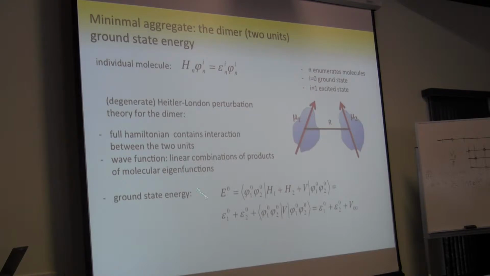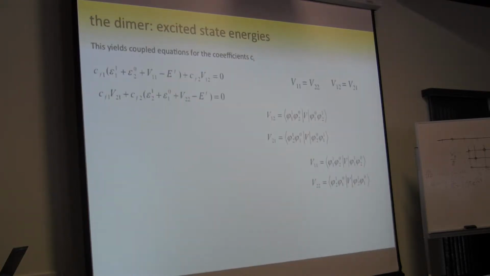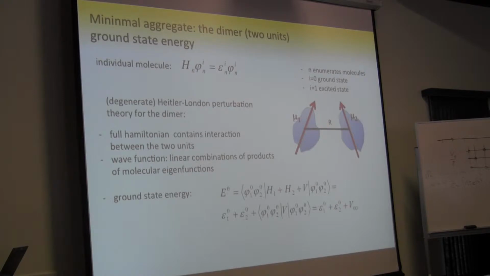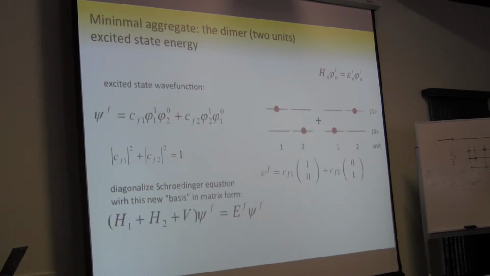And the expectation value of that was simply our product wave function from the 0th order. So both molecules in the ground state. It's very easy to evaluate that. Of course, individually, this just gives the isolated ground state energies, and this is the interaction energy. It's called E00. Okay. And so that's the ground state.